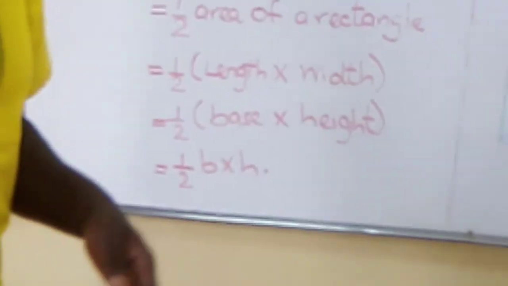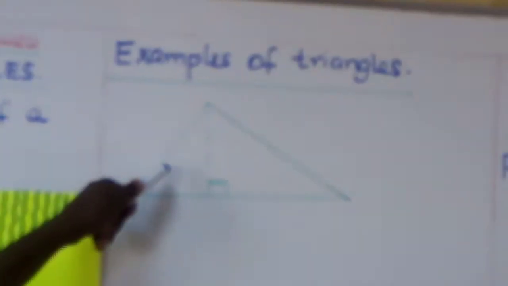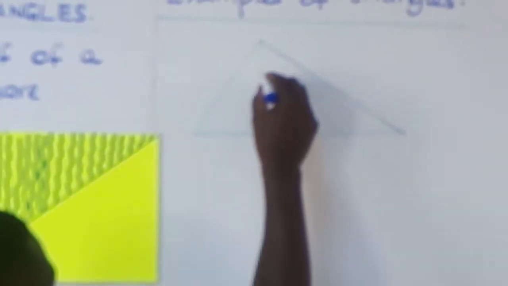Now let's look, for example, at this triangle of its kind, and the height would be that one. We'll come to it later. The base would run from here up to there. That is the base of that triangle. In this other triangle, the height would be that one, and the base would be that one.